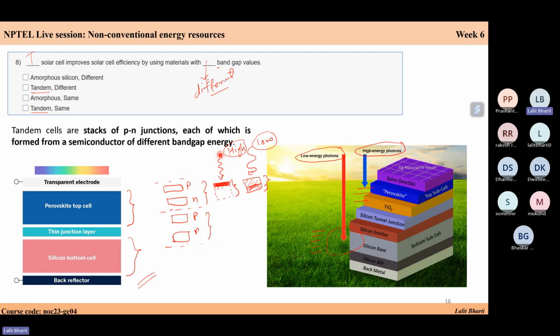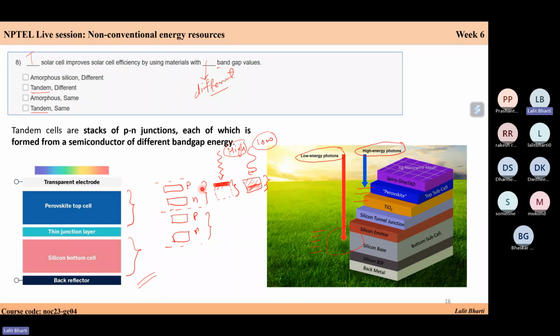Let's say the higher energies, the shorter wavelengths, will interact more near the surface and will be absorbed near the surface. Some will not be absorbed and will go deep inside the solar cell.